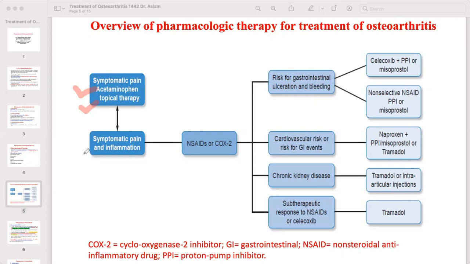If there is symptomatic pain and inflammation, then the patient needs non-steroidal anti-inflammatory drugs, or we can say specific COX-2 inhibitors.